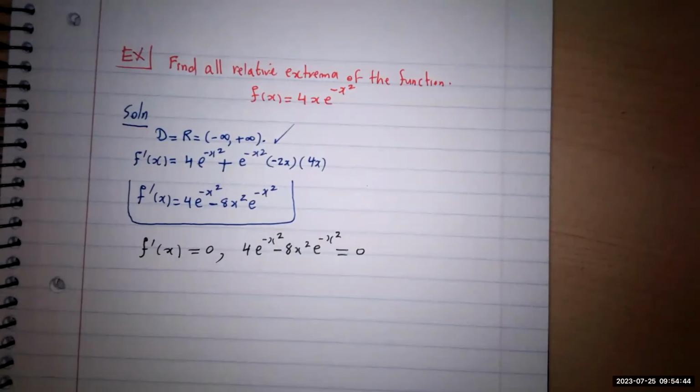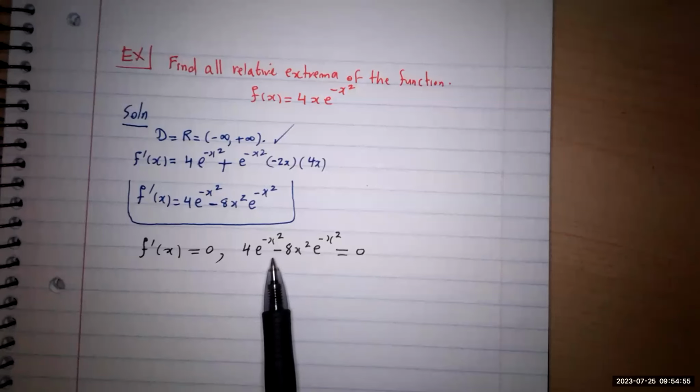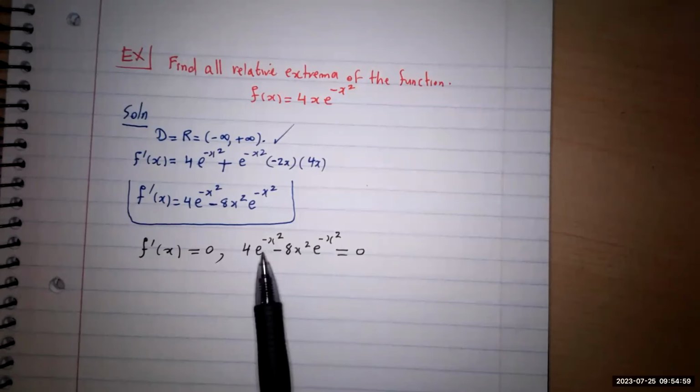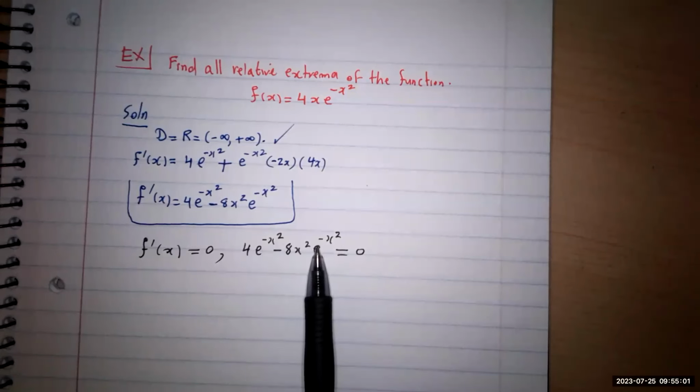In order to solve this equation, you have a chance of factoring. For all these problems, as soon as you differentiate, because the exponential function never changes, you can factor out the exponential part, e to the negative x squared. As soon as you factor it out, you can handle the leftovers.